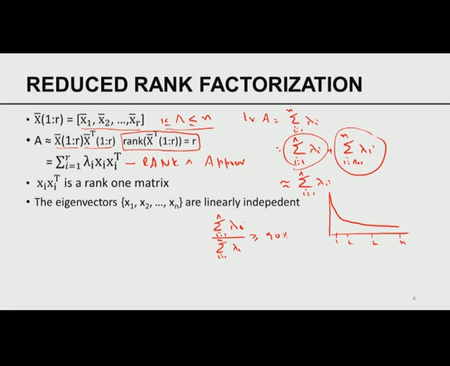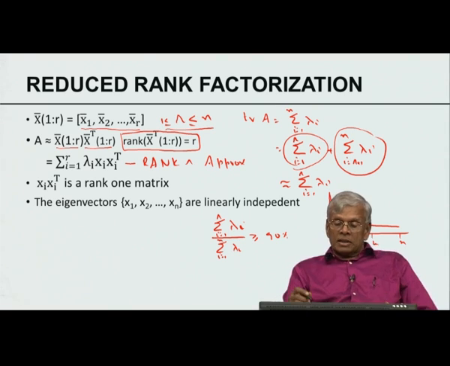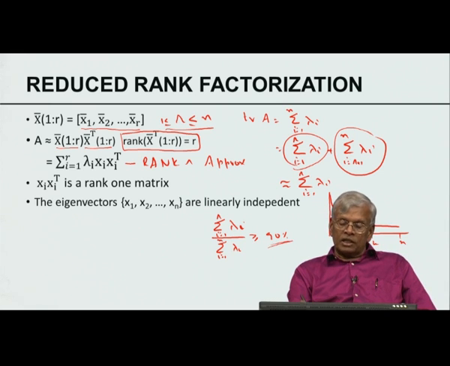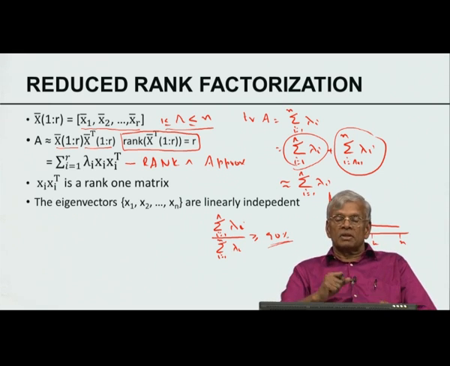That means 90 percent of the information is contained in the first r eigenvalues, or it could be 95 percent. So the value of r will depend on the kind of percentage you are interested in, the kind of approximation you are willing to accept.